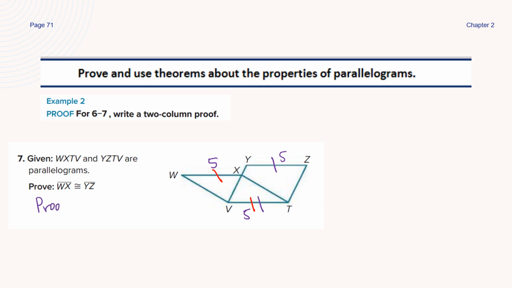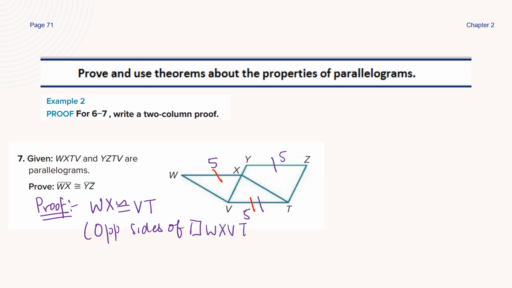So in the proof, we can say WX is congruent to VT. Why? Because these are opposite sides of parallelogram WXVT. VT is congruent to YZ.